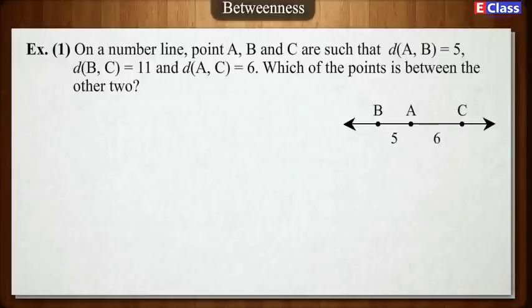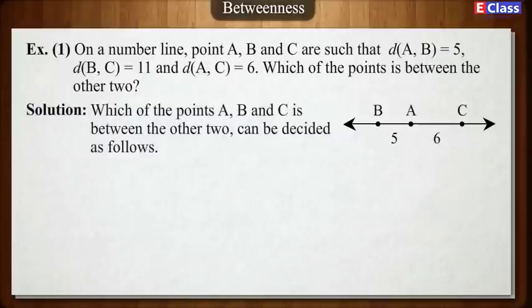Which of the points is between the other two? Solution. Which of the points A, B and C is between the other two can be decided as follows. d(BC) is equal to 11. Let us mark this equation as 1.